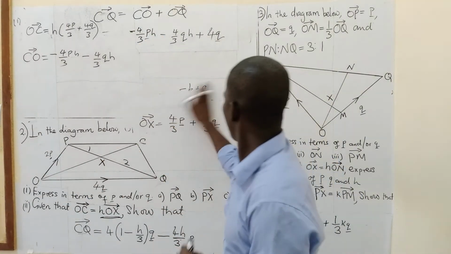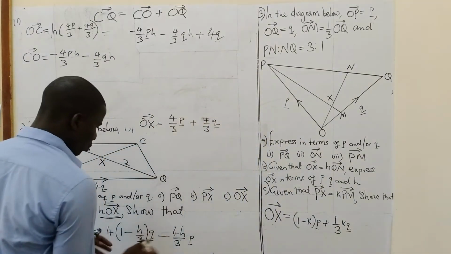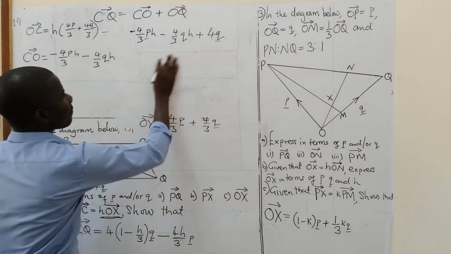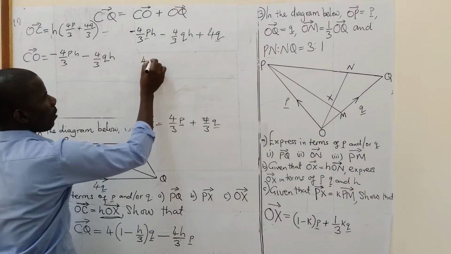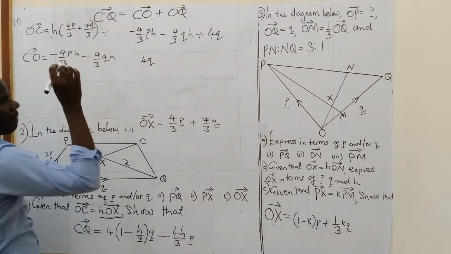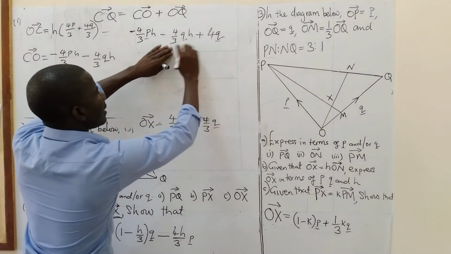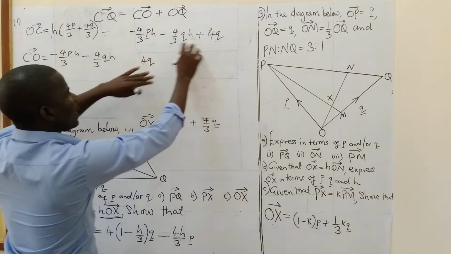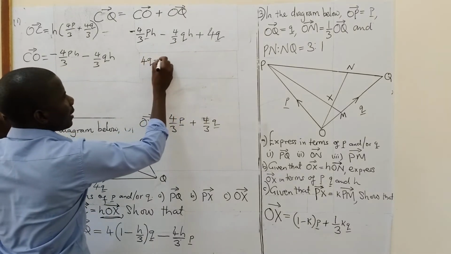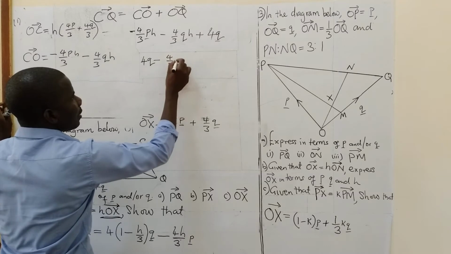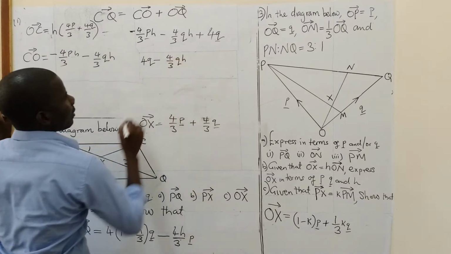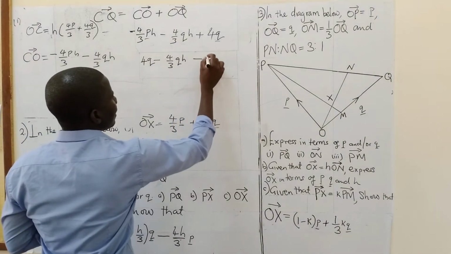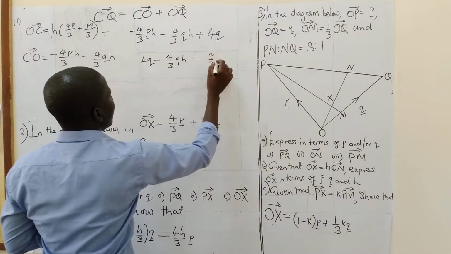We are going to look at what we want to have. We will start with 4q. Since they have something in common, we can also bring the second one here. There is nothing that has changed. Then we bring the last one here.